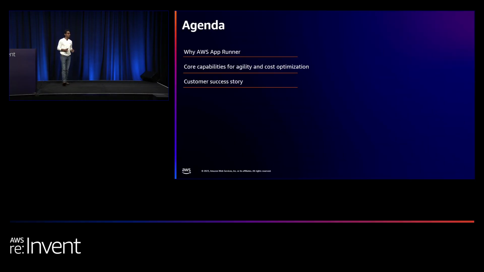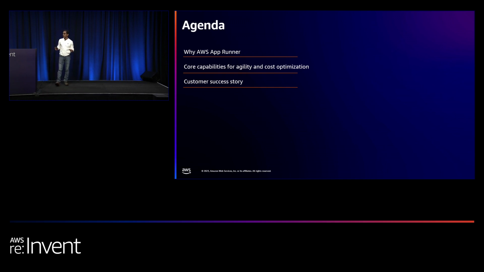So before we dive into today's session, let's set some agenda. We are going to discuss why we built App Runner in the first place. What are the goals? What do we seek to achieve through App Runner as a service? Next, we will discuss all the core capabilities that App Runner provides and that can help you gain agility, run highly performant applications in AWS Cloud, and optimize your total cost of operations.